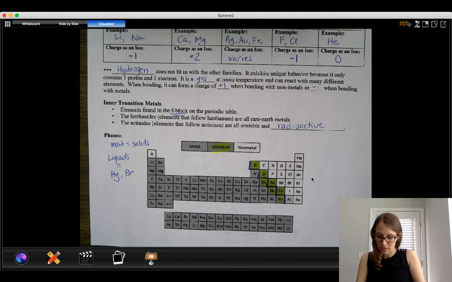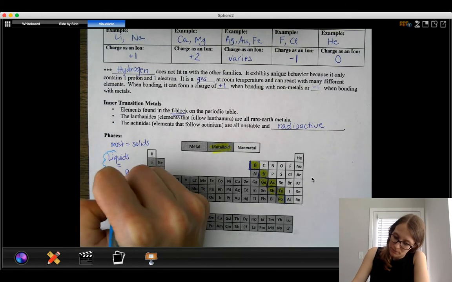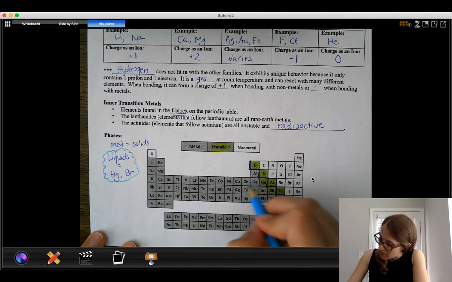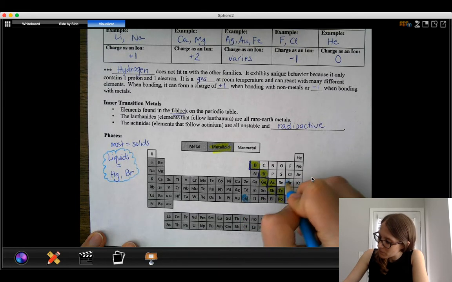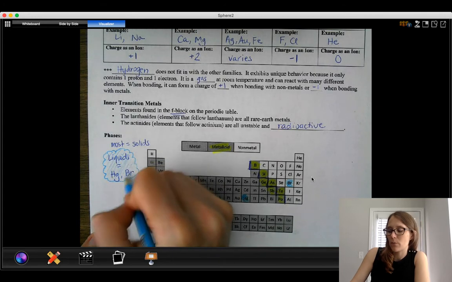So on here, I'm just going to kind of color code those 2. I'm going to use blue. So those 2 are going to be mercury and bromine. So those are 2 that are liquids at room temperature.